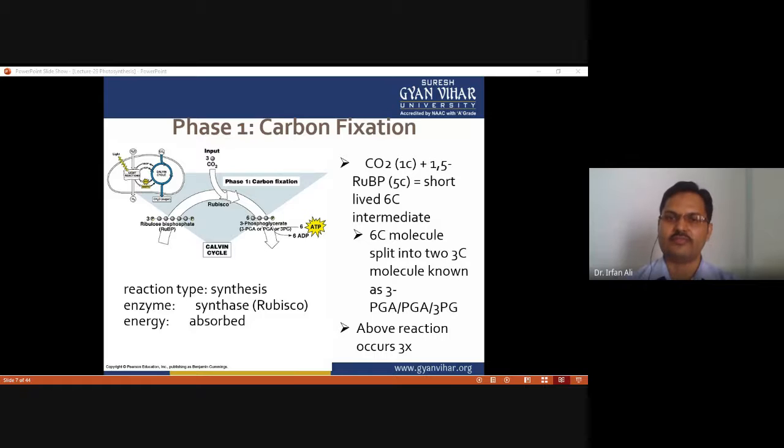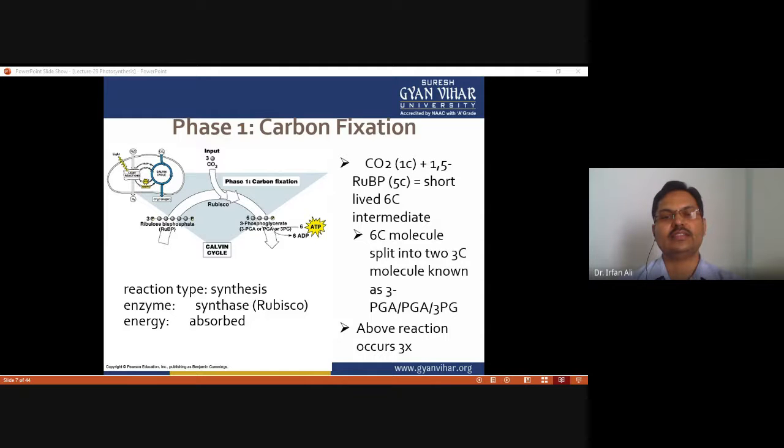So this one carbon and five carbon, how many carbon? Six carbon. So this produces a six carbon molecule, which can split into two three carbon molecules called 3 phosphoglycerate.